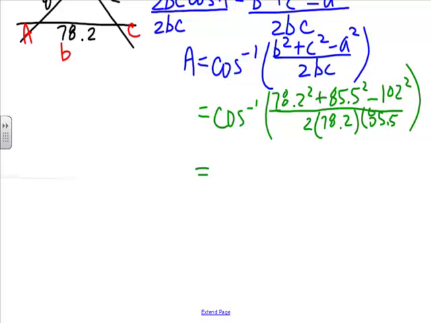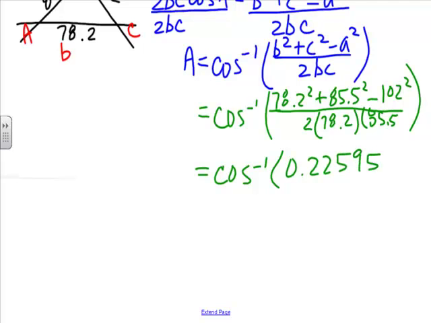Then I'd hit divided by, and in parentheses put 2 times 78.2 times 85.5, close my parentheses, and hit enter. So that would give me what my cosine value is.